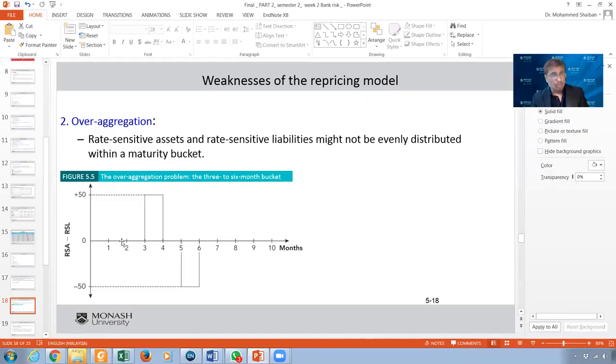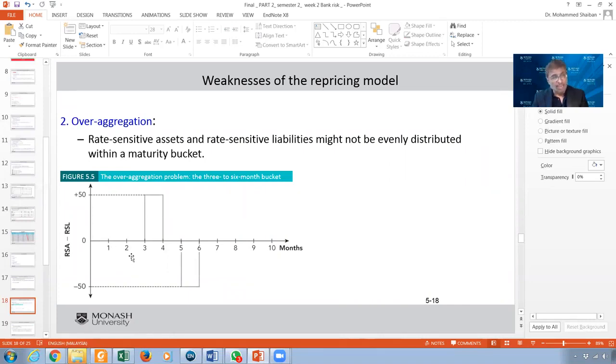Here it looks like there are 0 gaps. Here there is one gap, which means plus 50. Month 4 there is another gap, it is 50. But then month 5 is minus 50. 6 months is minus 50. If you look at them, it looks like this one is actually 0 gap.